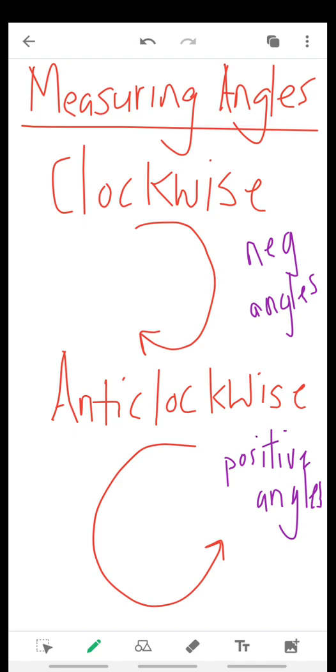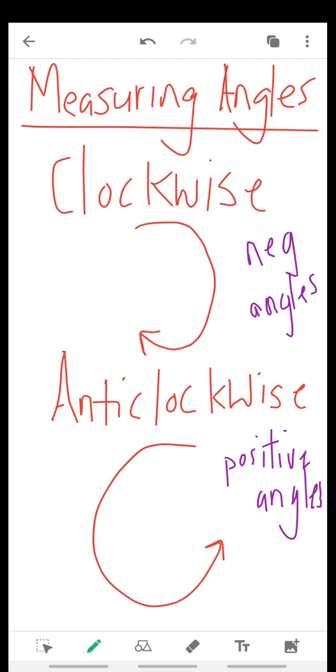So when you measure an angle clockwise, you will be getting a negative angle. Remember, negative angle doesn't mean the angle itself is negative. The negative means you are moving clockwise, right? Also, moving anti-clockwise, you'll be generating a positive angle. The angle is positive because you are moving anti-clockwise.